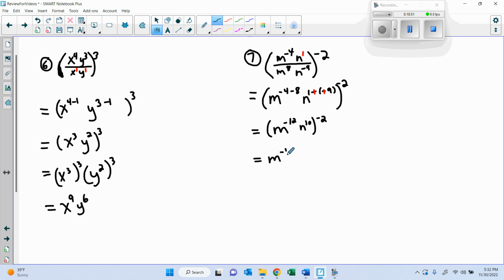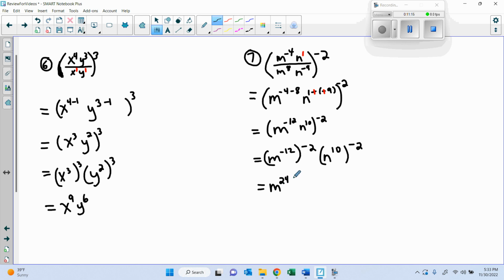So I have m to the negative 12 raised to the negative 2 and n to the 10th raised to the negative 2. Then I'm going to use my rules, and my rules say raise a power to a power, you multiply the powers. Negative 12 times negative 2 is positive 24.